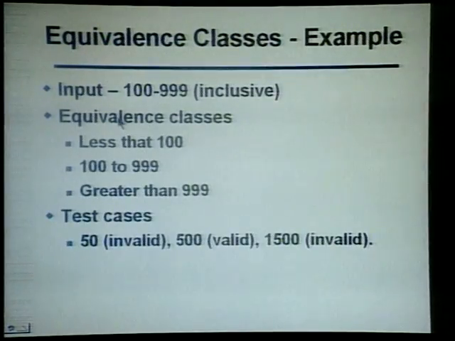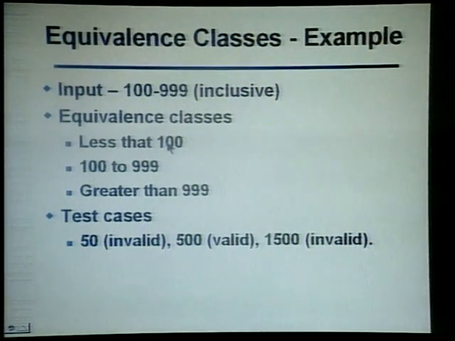Assume a system asks for an input number in the range of 100 and 999 inclusive. We can identify 3 equivalence classes of input. For example, our input is 100 to 999, and the equivalence classes can be the numbers which are less than 100, the numbers which are between the range, and the numbers which are greater than 999, the upper limit.